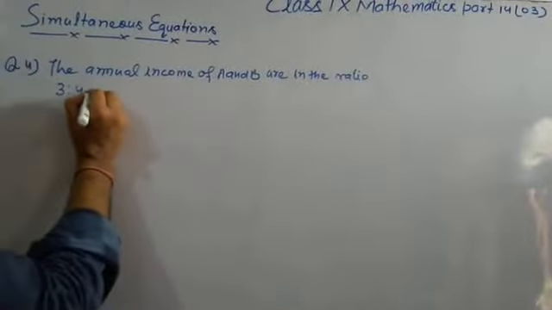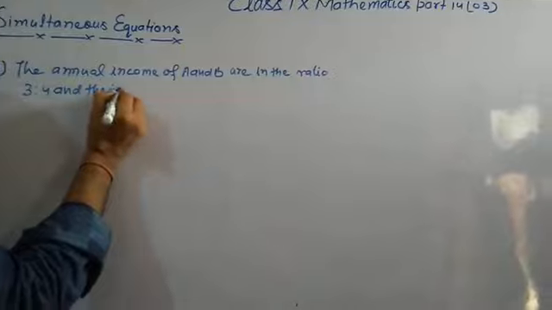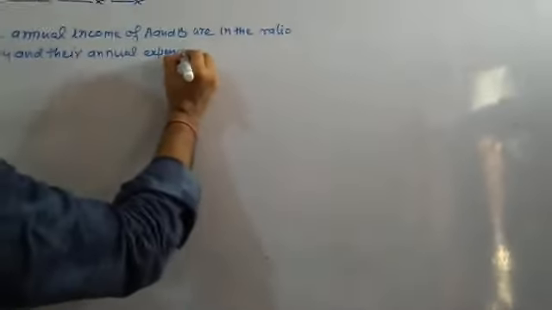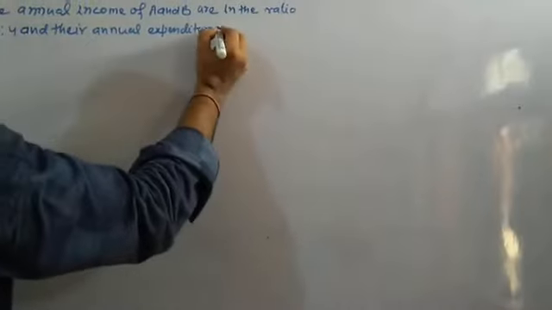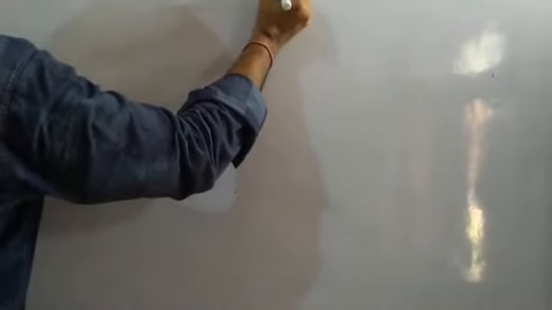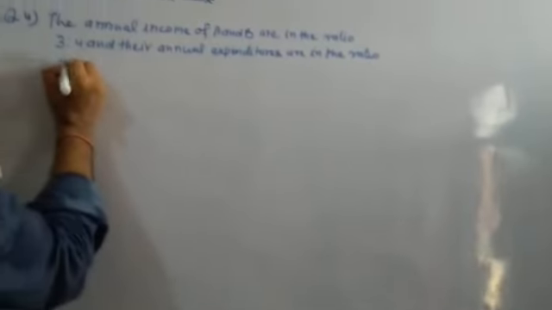The annual incomes of A and B are in the ratio 3:4, and their annual expenditures are in the ratio 5:7.